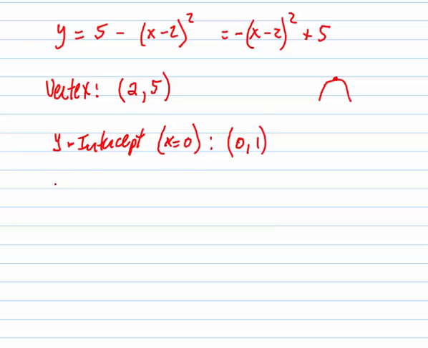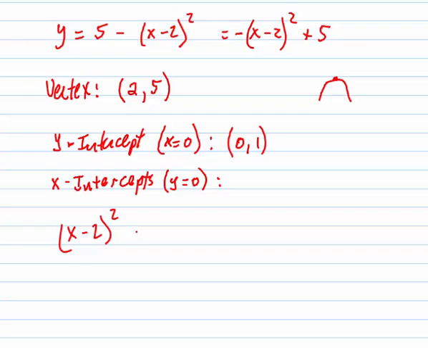Do we have x-intercepts? Of course, that's when y is equal to 0, where it intersects the x-axis. So if that's 0, we can bring that over. We have x minus 2 quantity squared is equal to 5. We can take the square root.